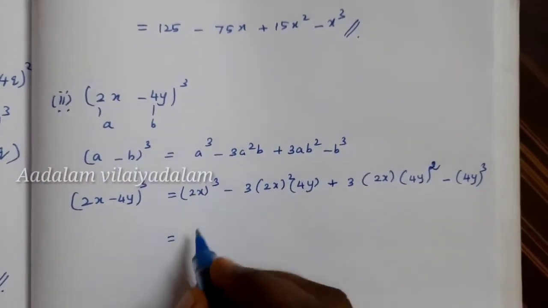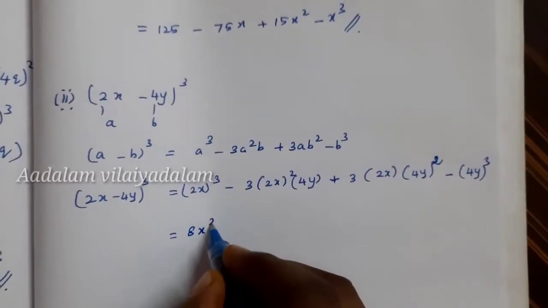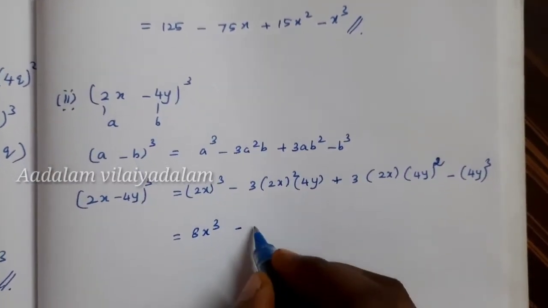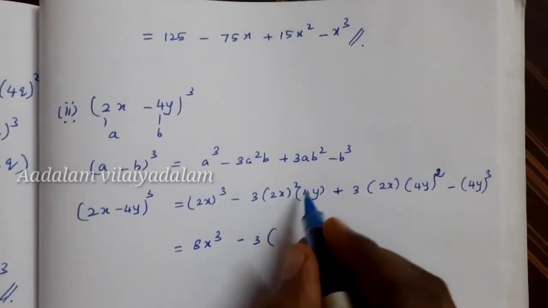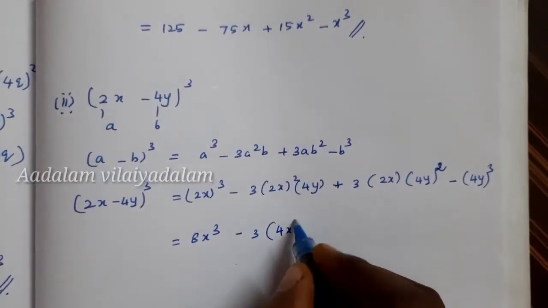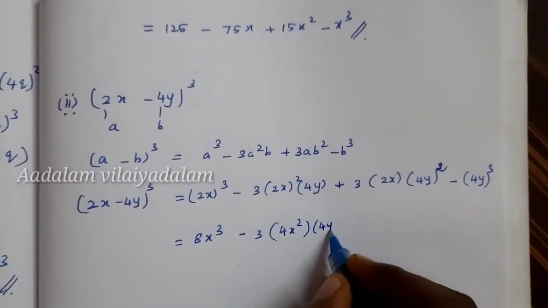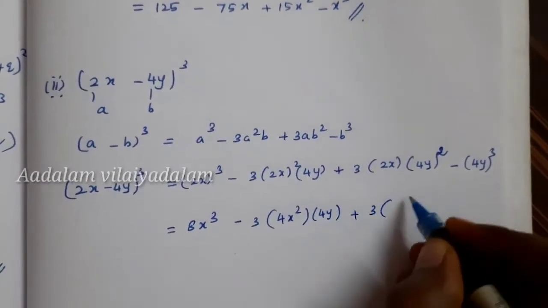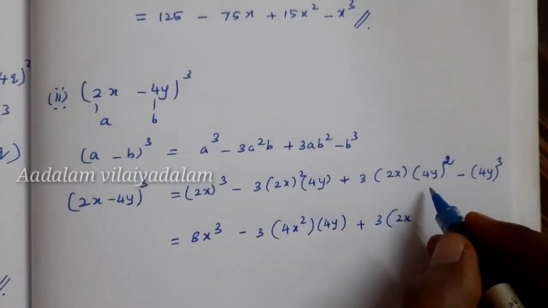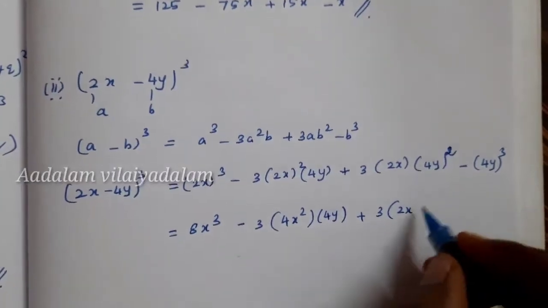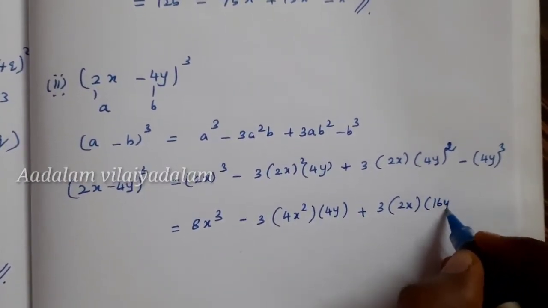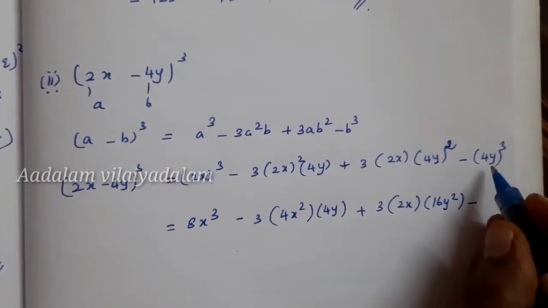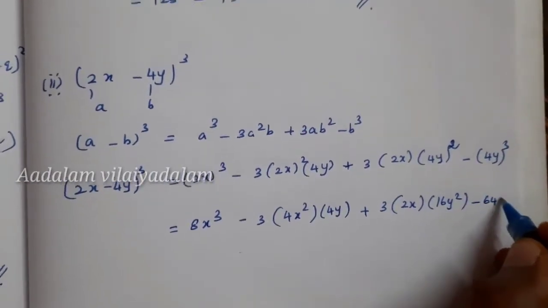Now the simplification of this we get 8x cube minus 3 into 2x square value we get 4x square into 4y. Then 3 into 2x, this 4y the whole square value we get 16y square minus 4 cube value is 64y cube.